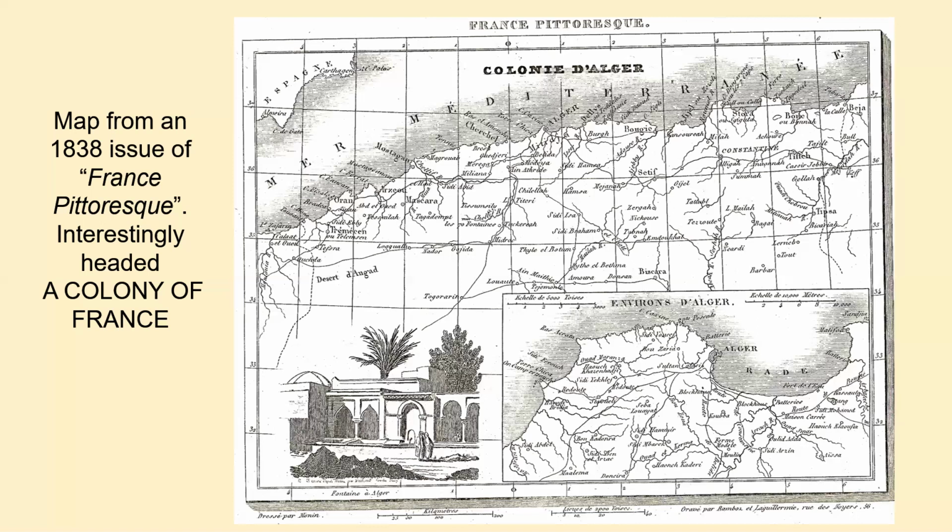Pacification of the coastal areas was more or less achieved by 1837. The conquest and military rule, 1830 to 1870, started with the fall of Charles X, the last legitimate Bourbon king of France.